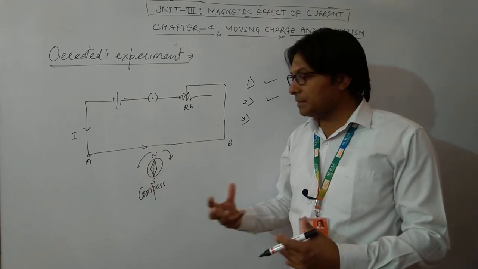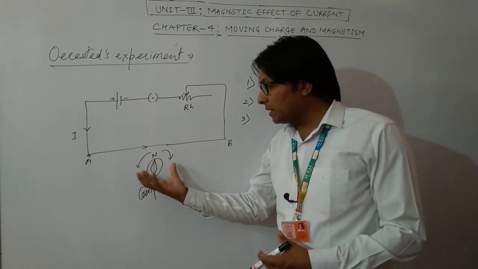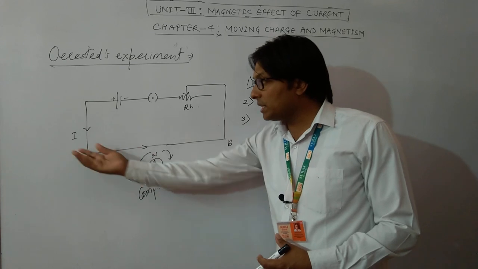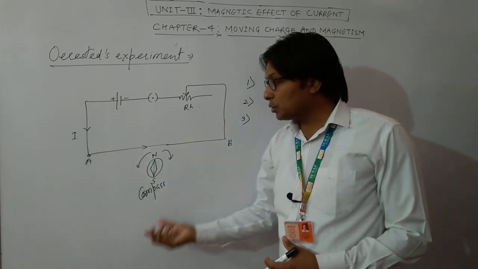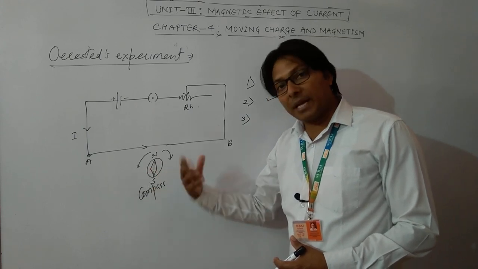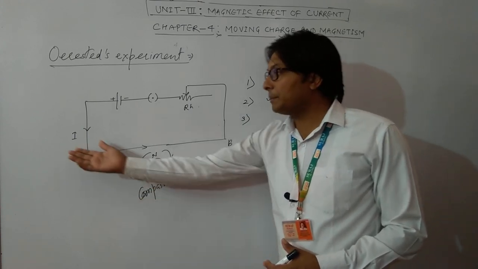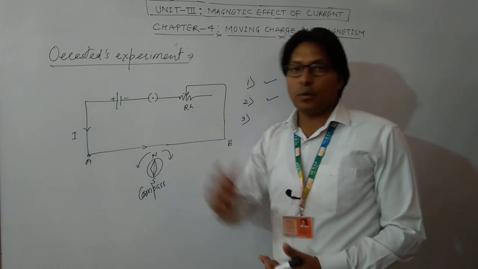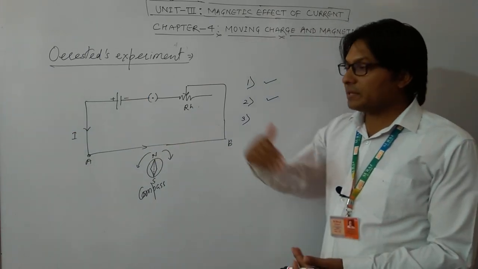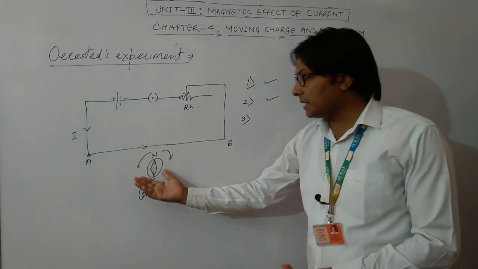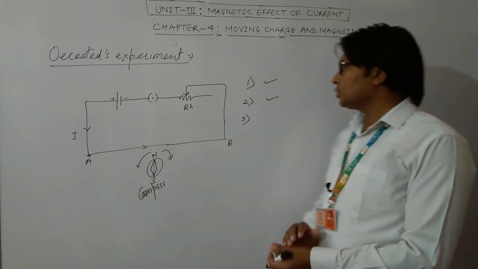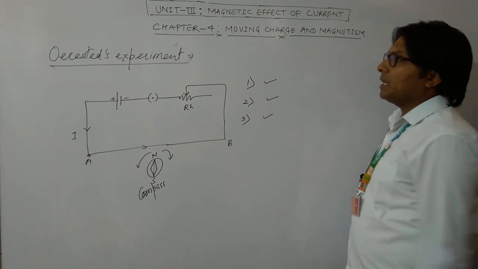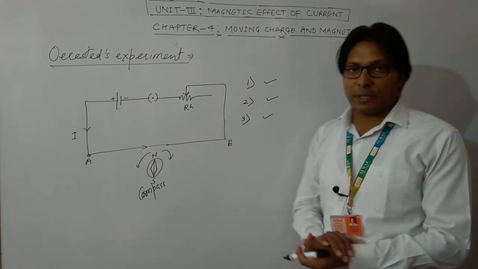How much deflection will come in the compass needle depends totally on the magnitude of current. So the magnitude of the magnetic field depends upon the magnitude of current. As we increase the current, the magnetic field also increases. These were the three conclusions made by Oersted in his experiment.